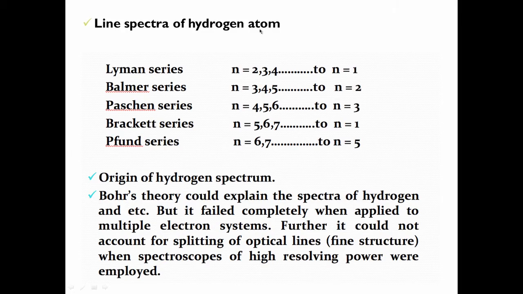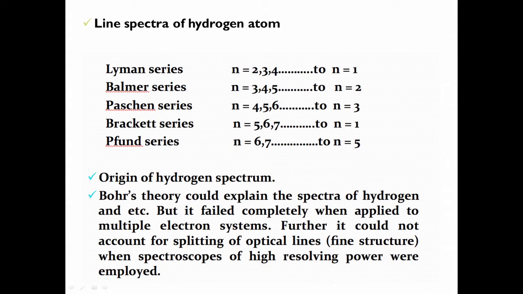The line spectrum of hydrogen has been defined and recorded since 1700 AD, and the lines have been grouped in different series. For hydrogen, the line spectrum is given as the Lyman series.